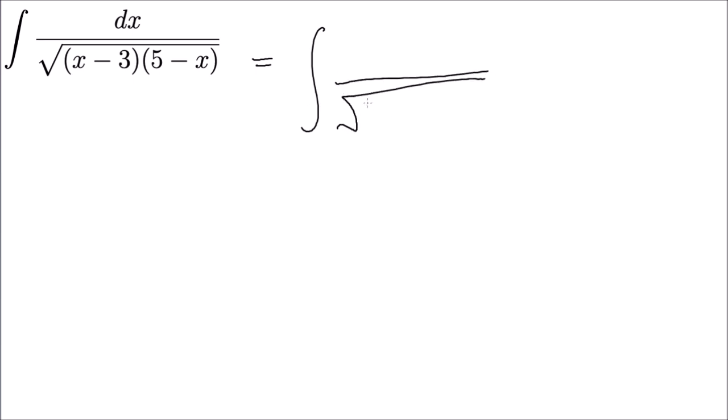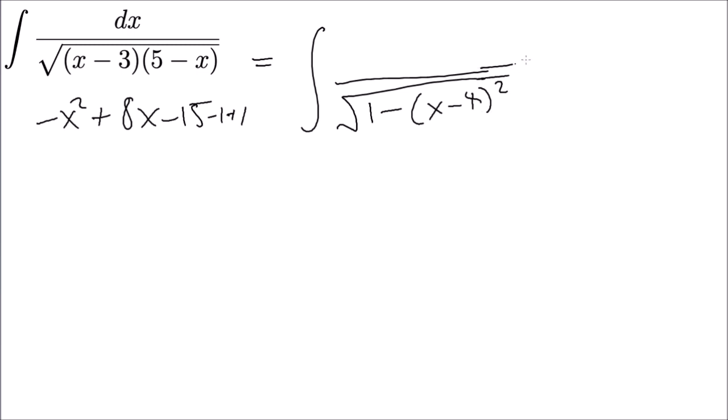Trig sub. I guess we're doing trig sub. Okay, so this is 5x plus 8x. This is minus 15. Right. Okay, so we just need minus 1 plus 1. 1 minus x minus 4 square. I'm a dumbass. That's all this was.